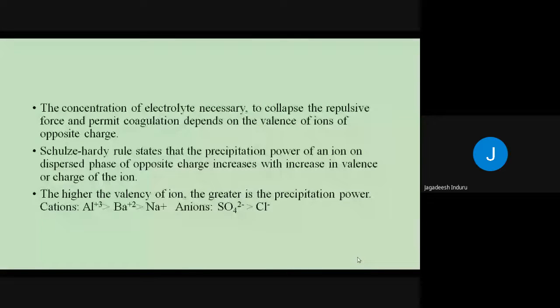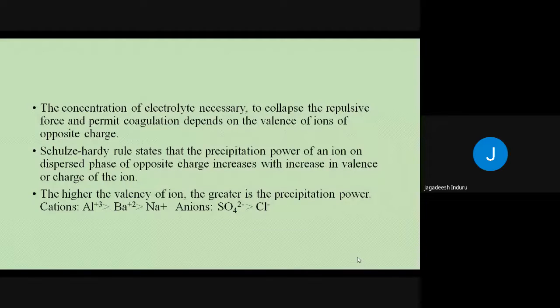So you can order them: aluminum 3+, a trivalent ion, has more precipitation power than barium and calcium, which are divalent, and those have more precipitation power than sodium and potassium, which are monovalent.